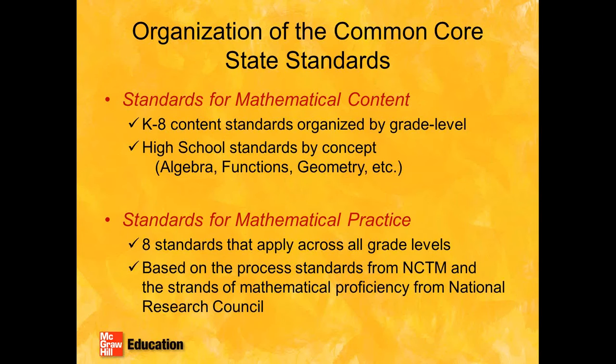These apply across all grades, K through 12, and are based on the process standards from NCTM, which includes the strands of mathematical proficiency from the National Research Council's report, Adding It Up. They also include the broad expectations or attitudes, such as working towards accuracy, using abstract reasoning, modeling, and persistence.